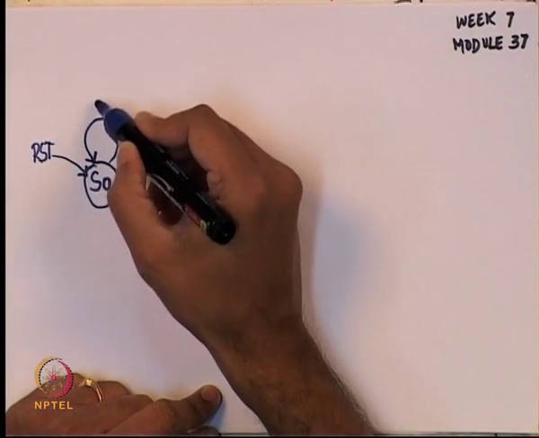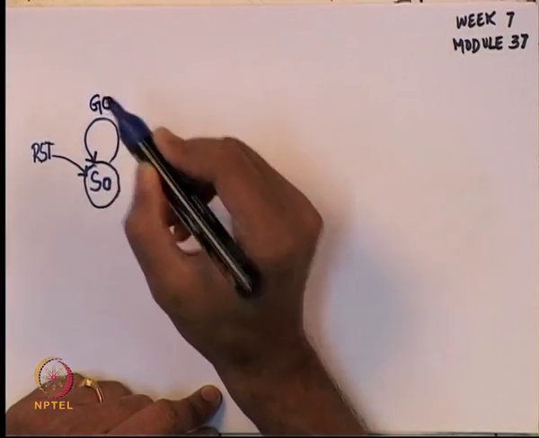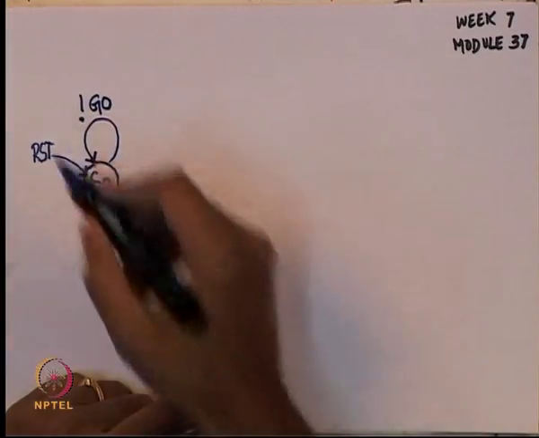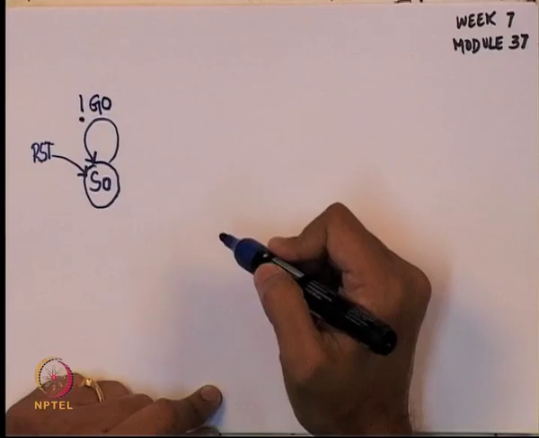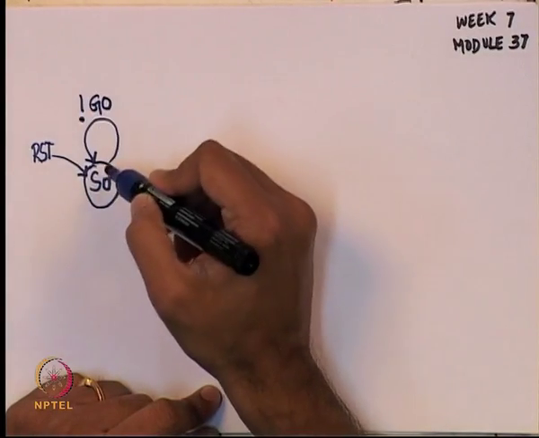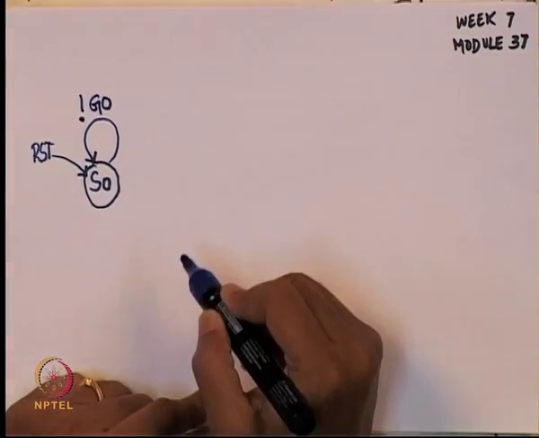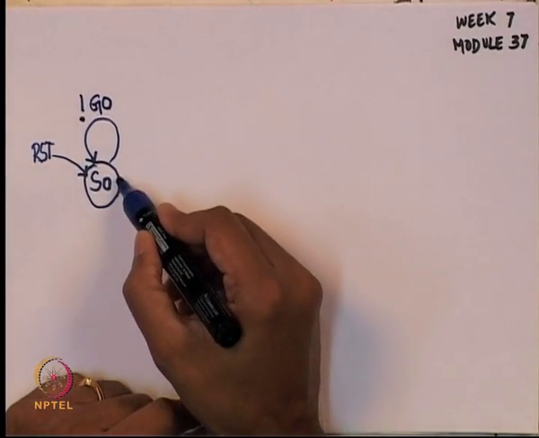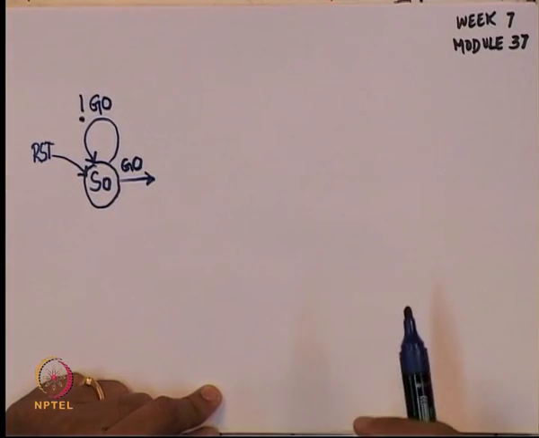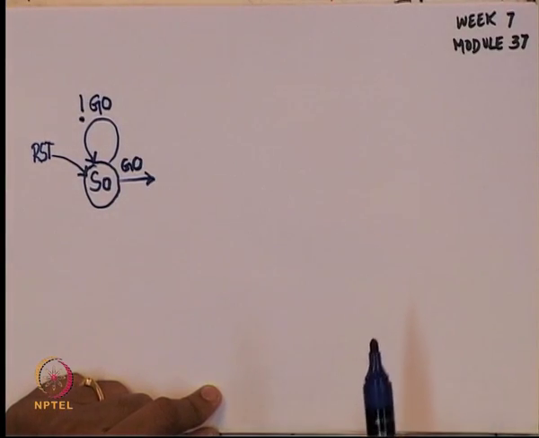So, the first thing I am going to draw is I am going to say that if we do not get go, so this exclamation means not of, if go is not 1, remain in this state itself. However, if we get go, we can start processing the external inputs, right.